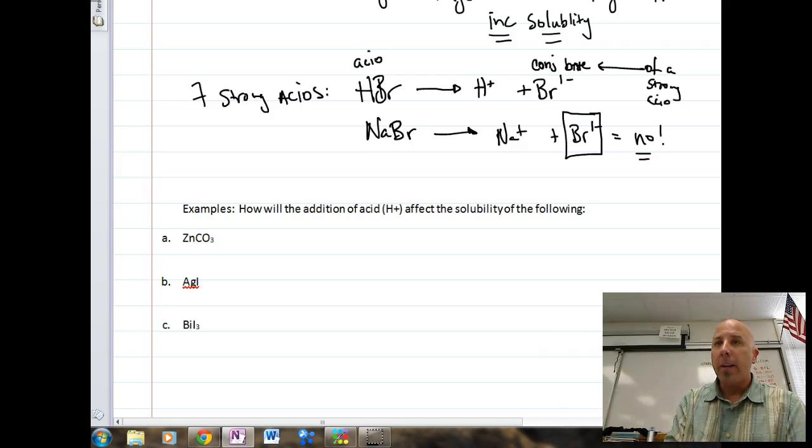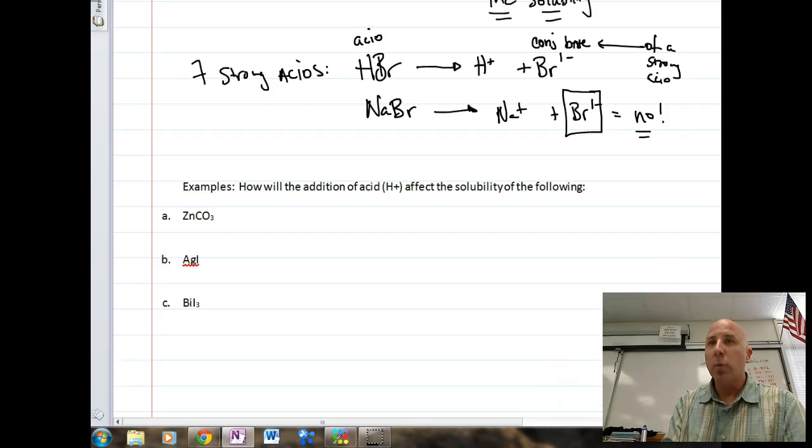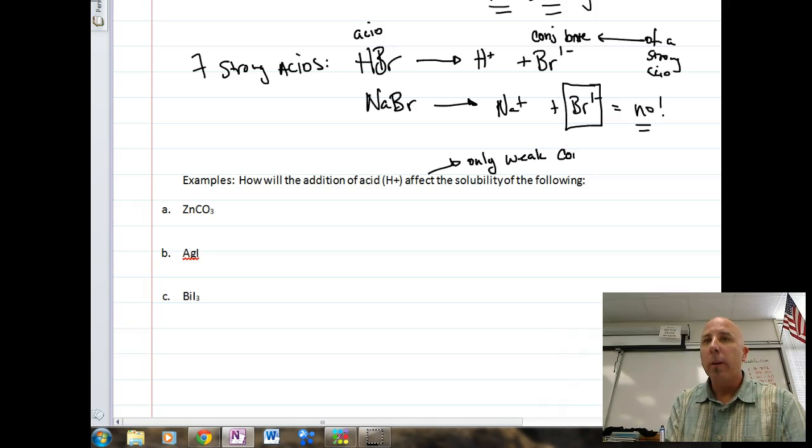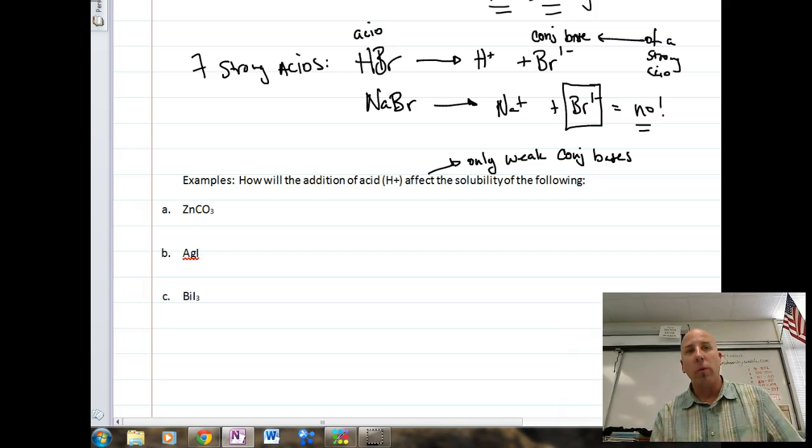So that idea is going to carry forward here as well. When we have an acid being added to a solution that is at equilibrium, it will affect only weak conjugate bases, or the conjugate base of a weak acid. Now, that's everybody who's not one of the 7 strong acids.